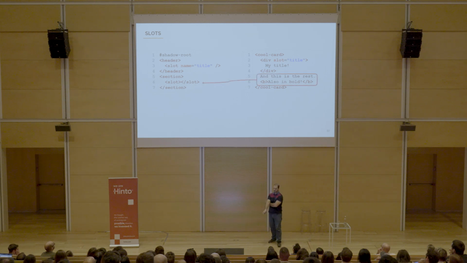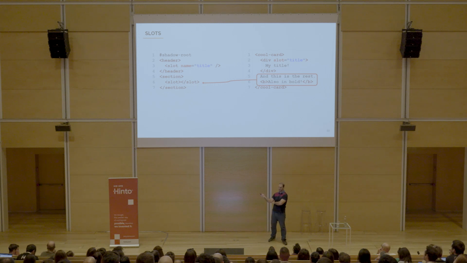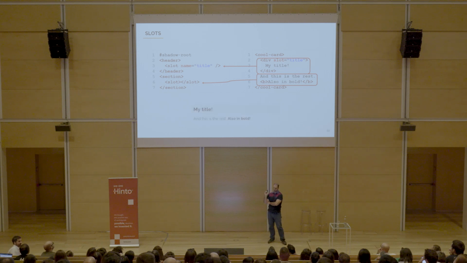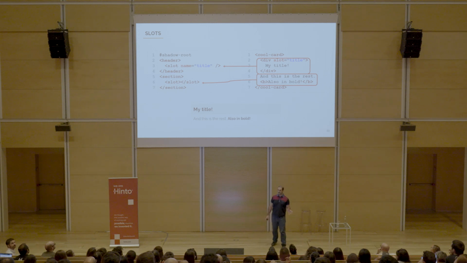In particular, those nodes that don't have a slot attribute go to the nameless slot, which is the default slot, while the others go to the slot with the matching name. And we have this result. So I think, yeah, this is enough contrast. Okay. And this is the declarative way, which is a little verbose.